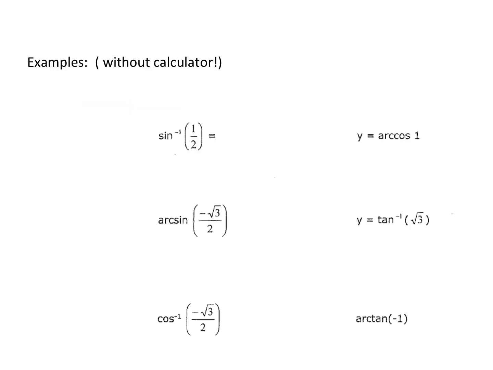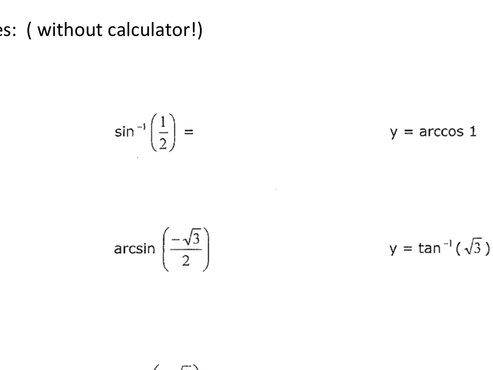So if we're just asked to find the arc sine, or the inverse sine, of 1/2, then you're going to your unit circle. This is a positive value, so that means we're going to look in quadrant 1 for where the sine value, in other words the y, is 1/2. So where is that?